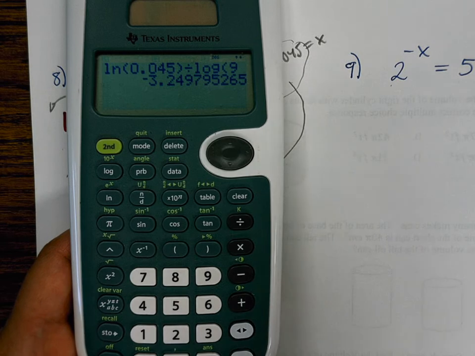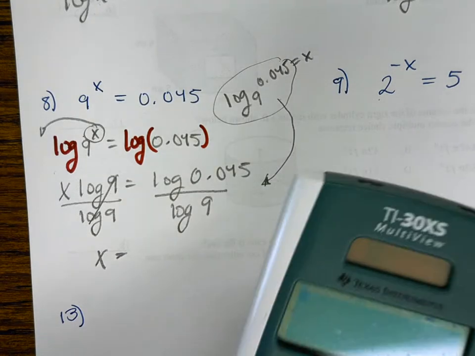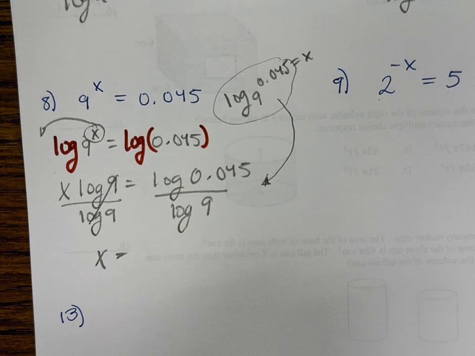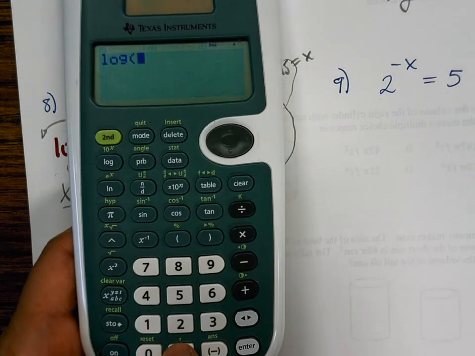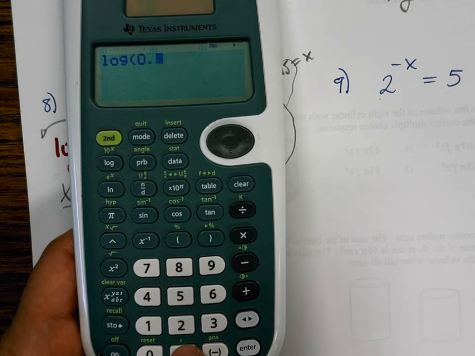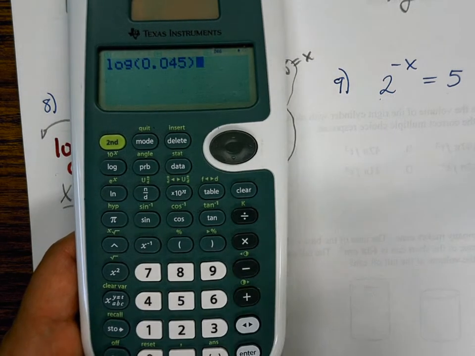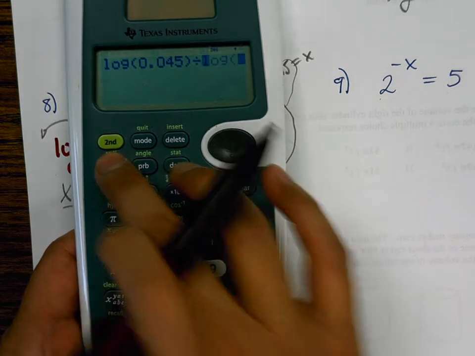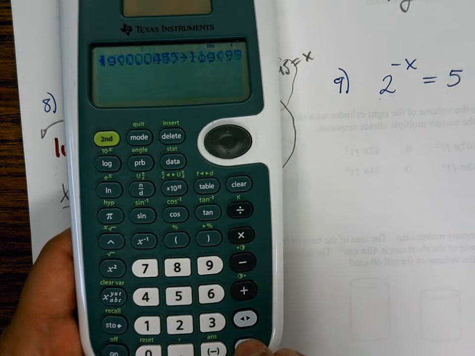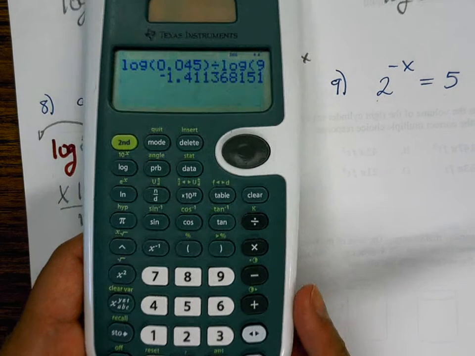I'm going to try that again. Log of 0.045 divided by log of 9. All right, negative 1.411.